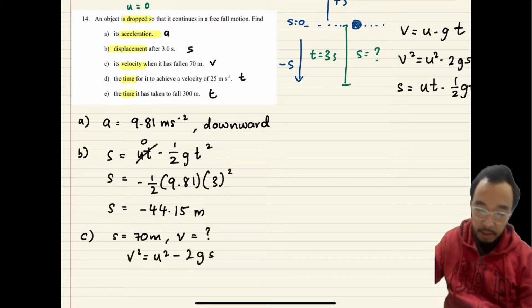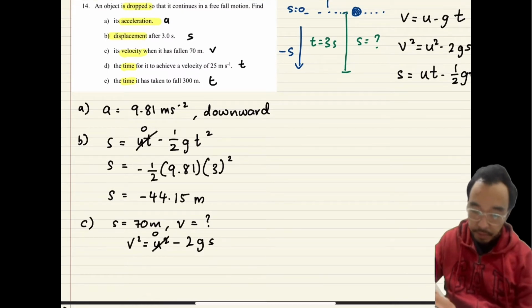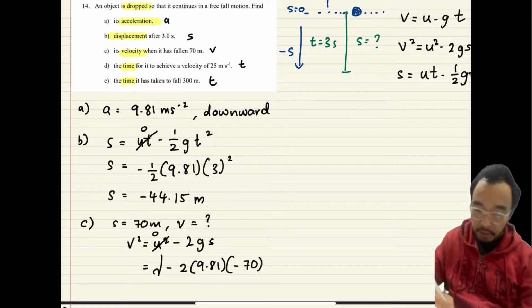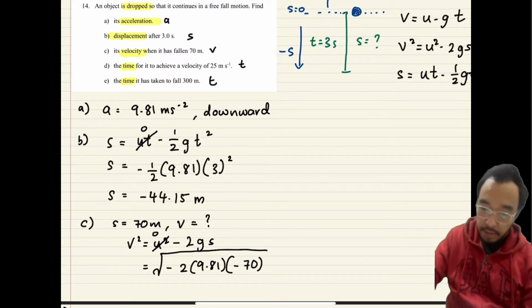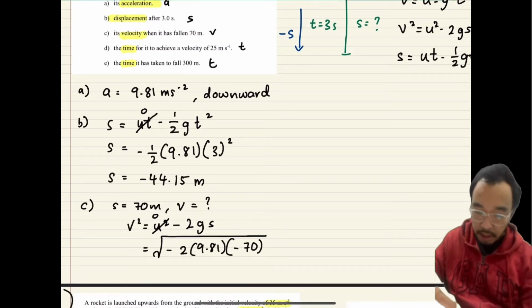We're still dealing with the same situation where U is equal to 0. I can take the square root of negative 2, times 9.81, times S, which would be negative 70. Don't forget, this is a square root. Why do you have to substitute negative? Because the position is below the starting position.